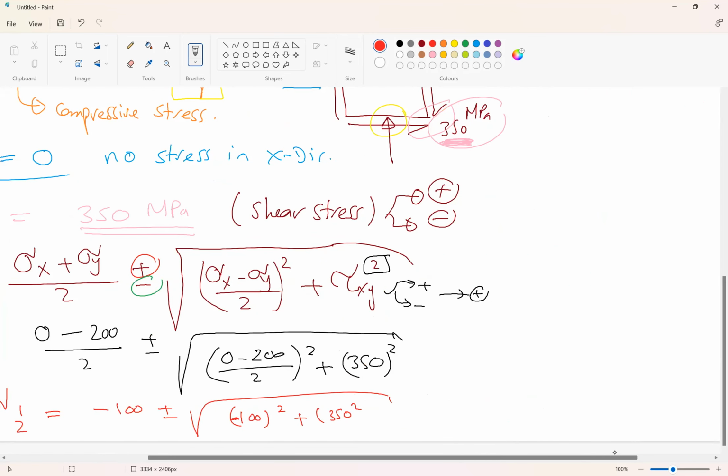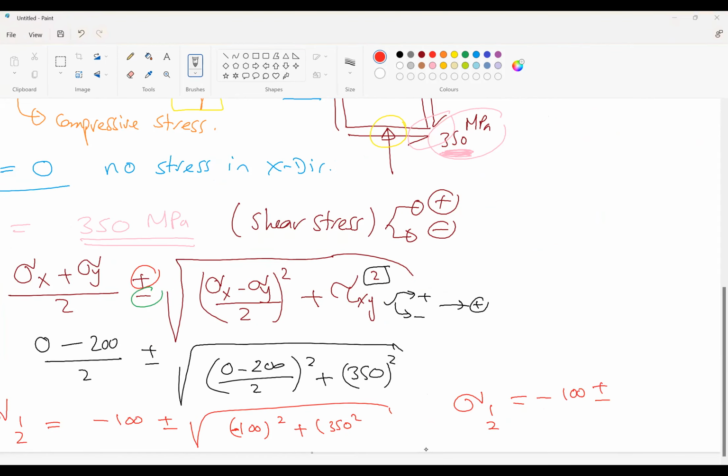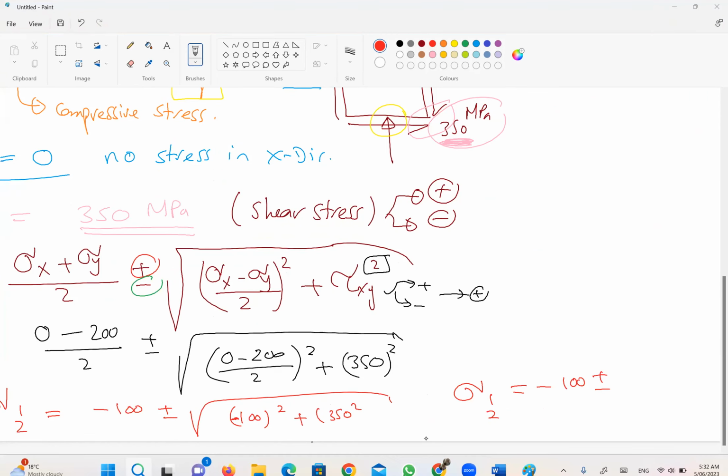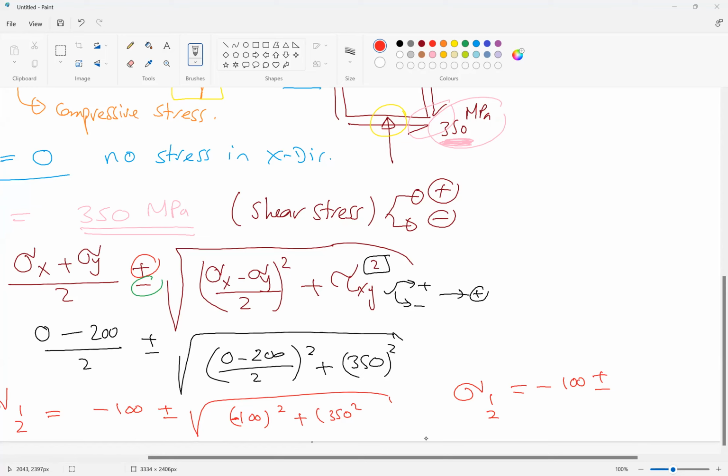So we will have sigma 1, 2 equal to negative 100 plus or minus the root of 100 squared plus 350 squared.